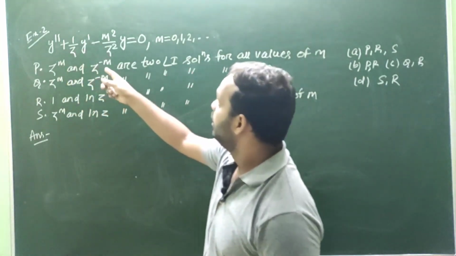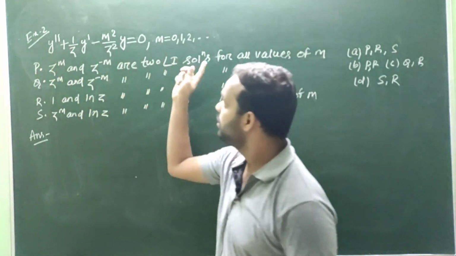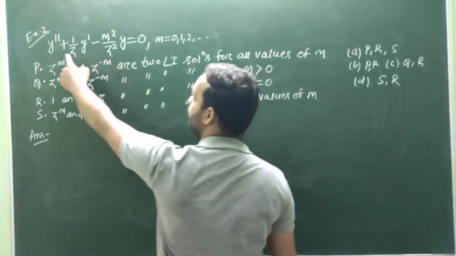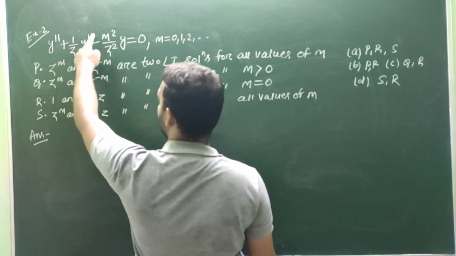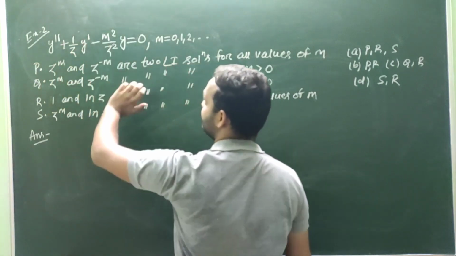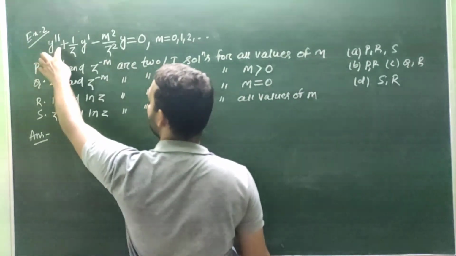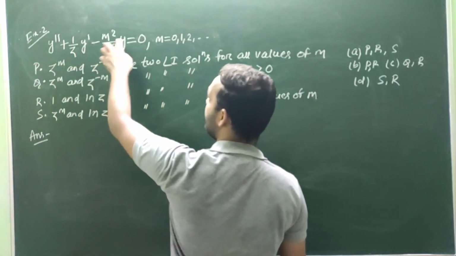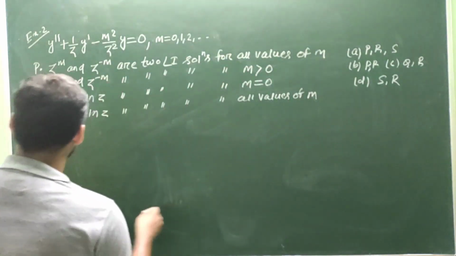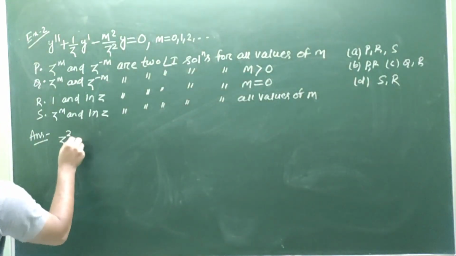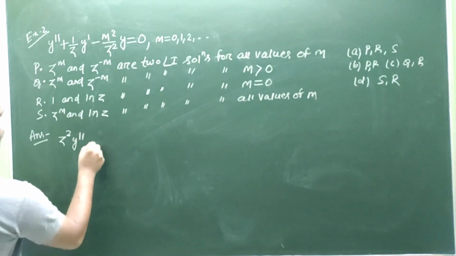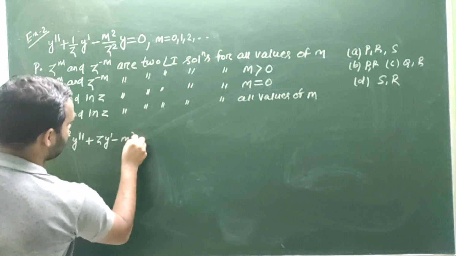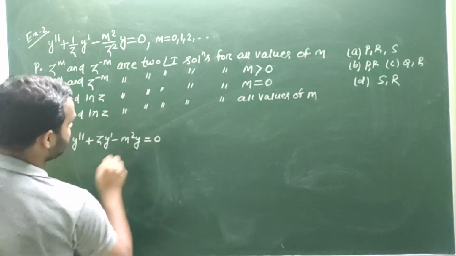If you just multiply z square in the whole equation, you will get z square y double dash plus z y dash minus m square y is equal to 0.